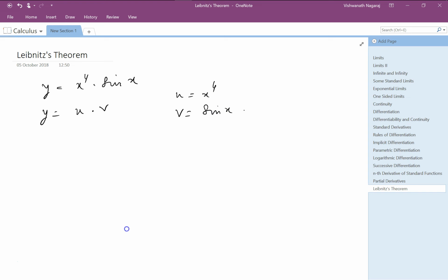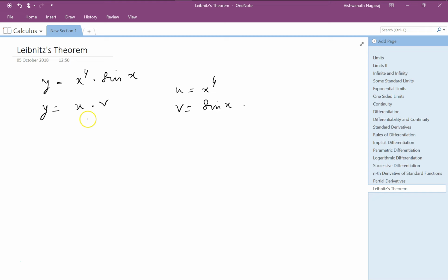So there is an equation to directly look at the nth derivative of y. Let's look at the first derivative. y1 is equal to, this we know, u1 v plus u v1.